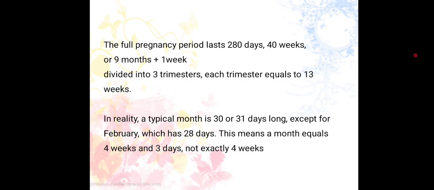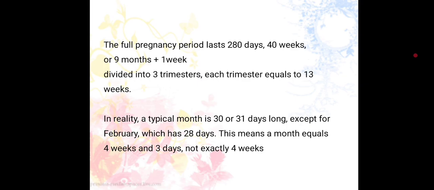The most important thing to know: each month of 30 days equals 4 weeks plus 2 days, and each month of 31 days equals 4 weeks plus 3 days. As gestational age is calculated in weeks, we have to know the full pregnancy period is 40 weeks.